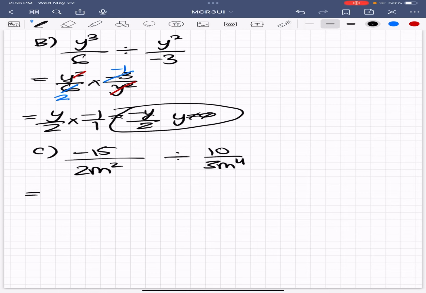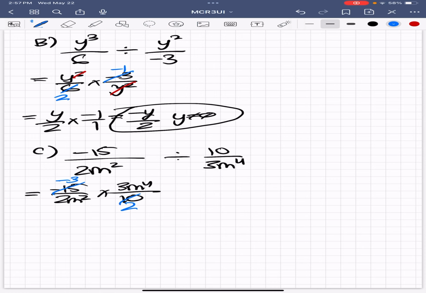We have another division statement. Again, we don't divide. We flip and we multiply. And now here, we have negative 15 and 10. So I'm going to cross out this one. It would be negative 3. And that one would be 2. And then I have 2 and a 3.